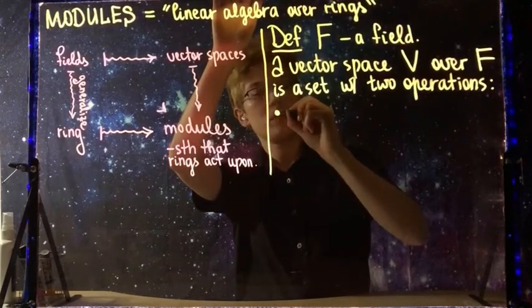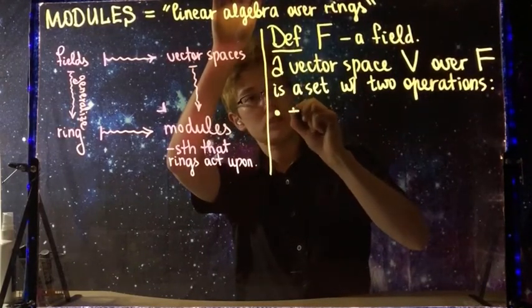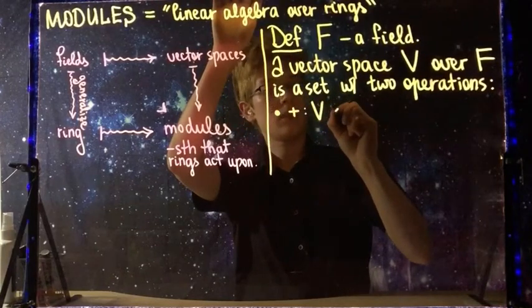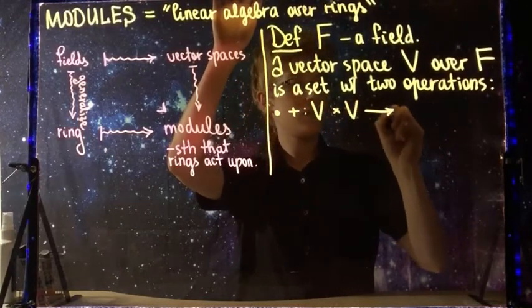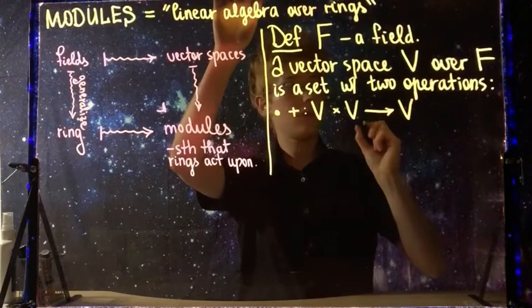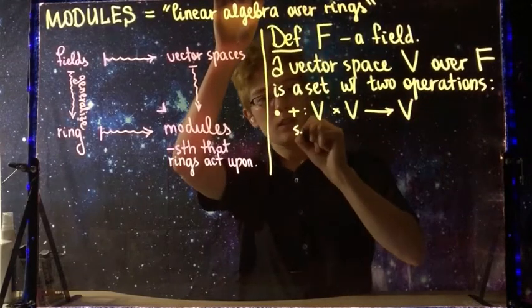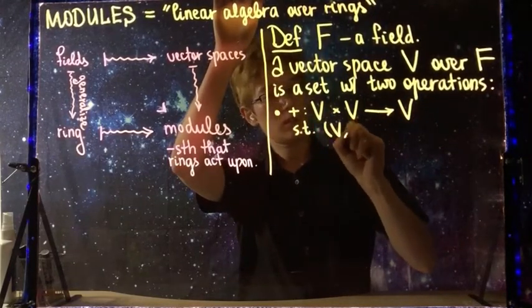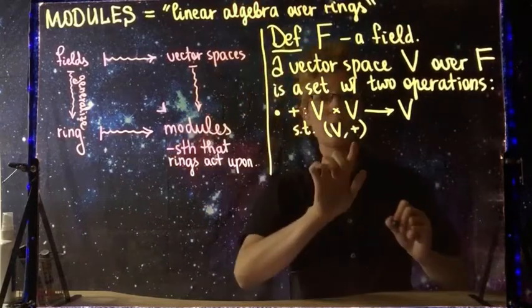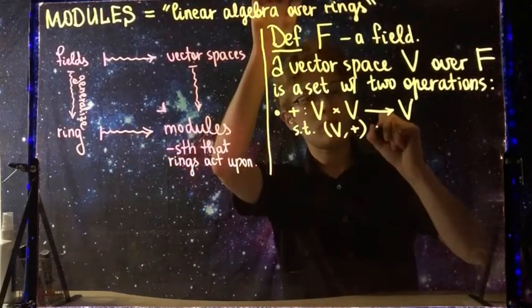We have addition of vectors such that with respect to this operation, V is an abelian group.